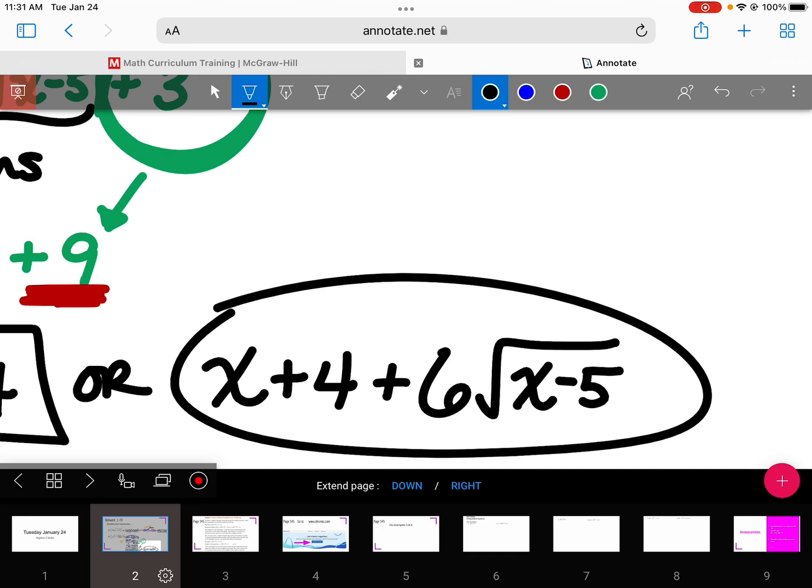I'm going to do another one. The next one that I'm going to show you is on page 346. It's the problem in example number 6. Example number 6 has the square root of x plus 6 minus 5 equals negative square root of 2x plus 1.